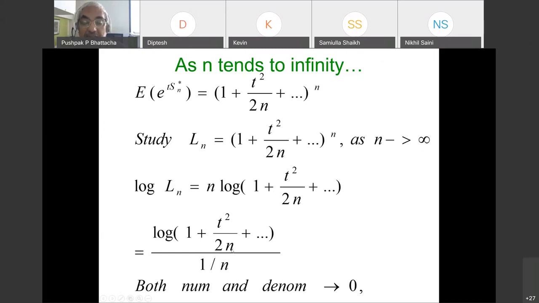Now notice that as n tends to infinity, the denominator 1 by n goes to 0. And log of this quantity tends to log 1, and log 1 is 0. So as n tends to infinity, both numerator and denominator tend to 0.